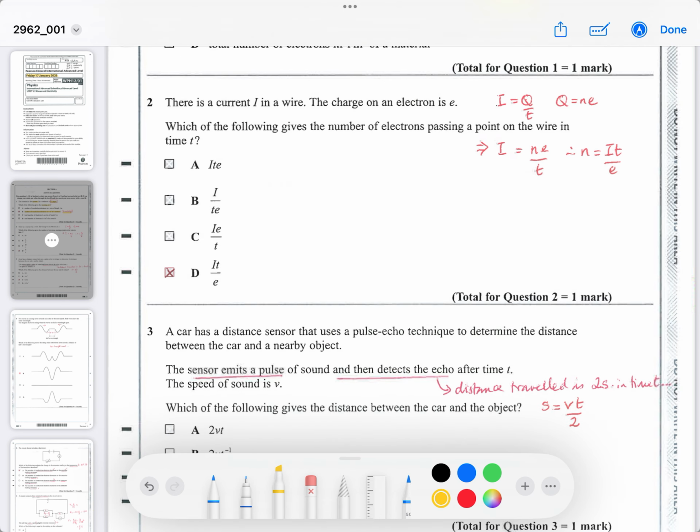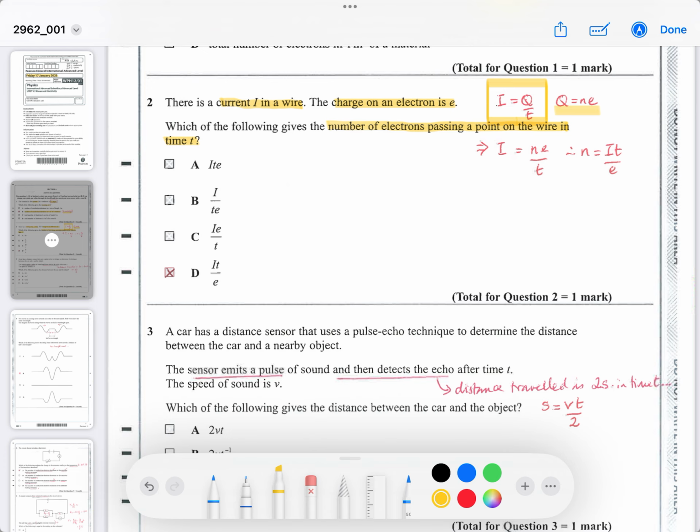Question 2, they want you to know about current again, so current in a wire. They're going to ask you about the charge of an electron, and basically they want you to say how many electrons will pass a point in a wire in a set amount of time, t. So basically the equation you need to focus on is I equals Q over t, and you know that Q is basically the number of electrons. So you multiply n by e and you'll get the total charge in coulombs.